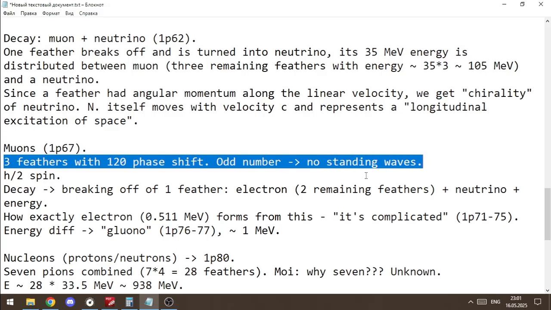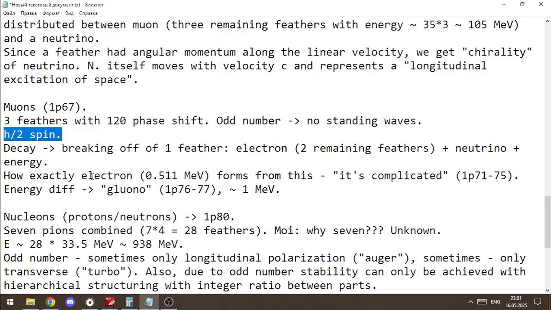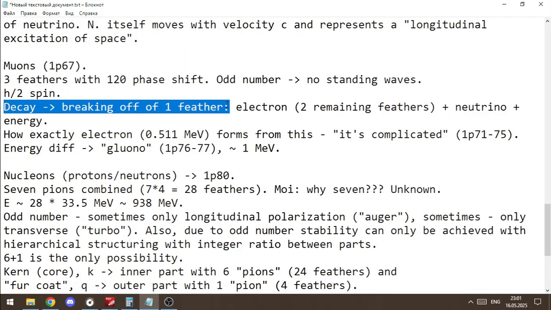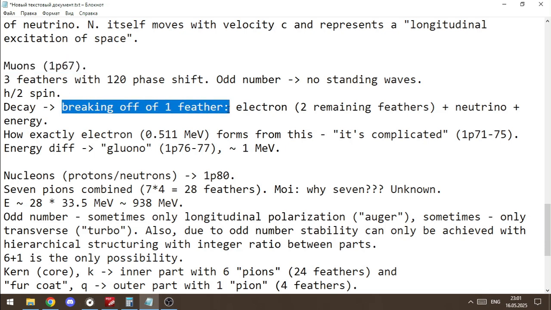So mu0, roughly speaking, is impossible. Then it has the same spin, so it's also smaller, but it rotates faster than an electron. Then, well, as we've discussed, breaking off of one feather is the primary mode of decay. So 2 remaining feathers, we're talking about muons, sorry, I confused myself actually. So muons decay with breaking off of one feather again.